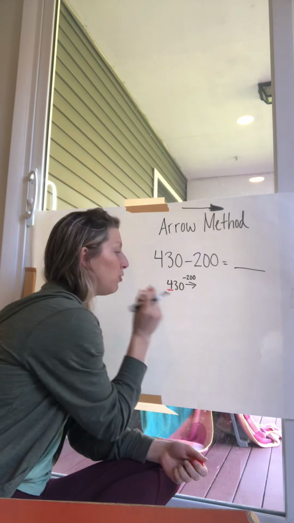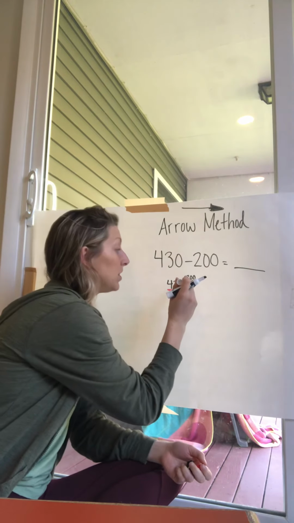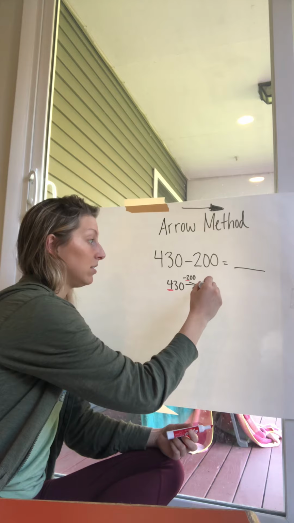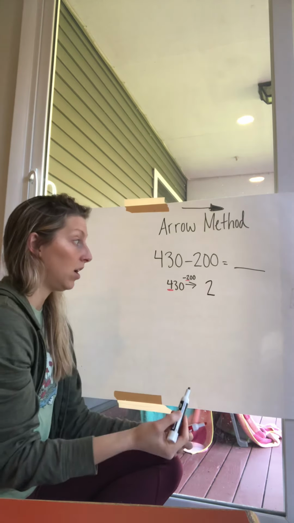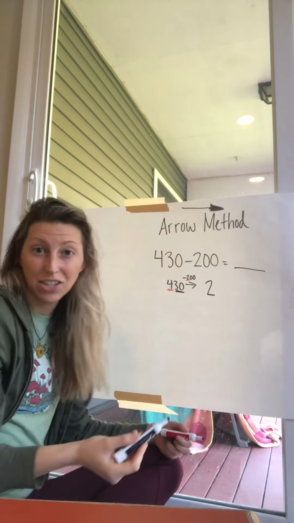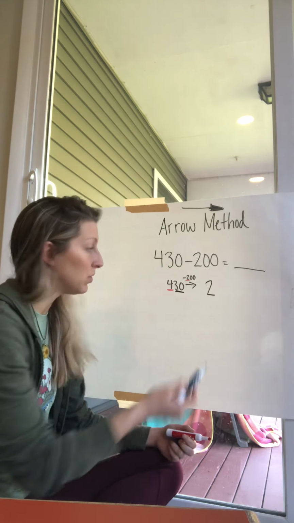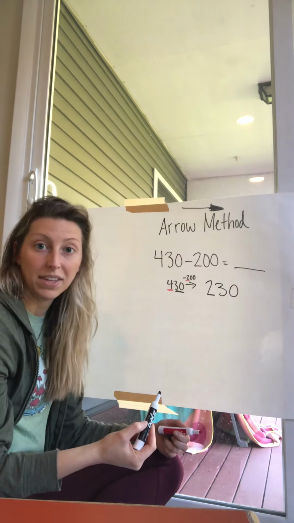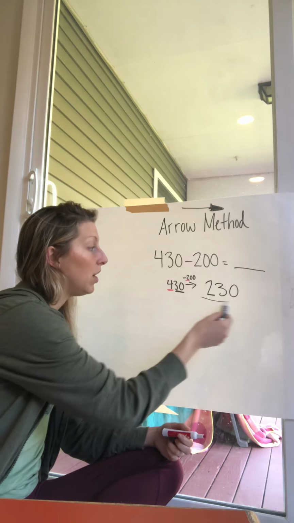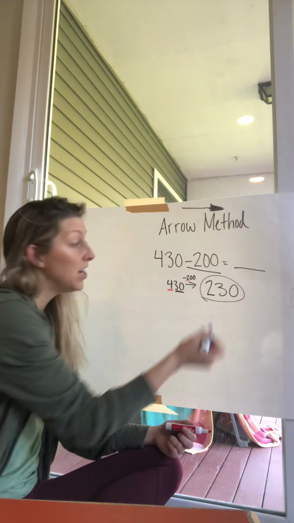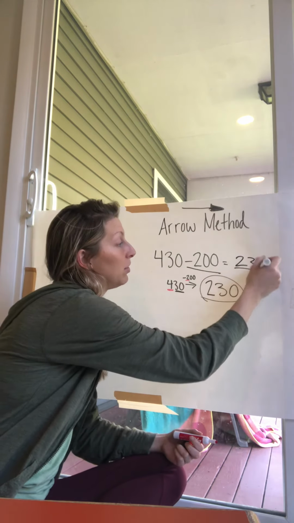So we have 4 hundreds, and we're taking away 2 of those hundreds, which is going to give us 2 hundreds left. But did we mess with the tens or the ones? No, so it's still going to be 30 at the end. So it's going to be 230. Did I take away 200 like it asks? Yeah. So my answer is 230.